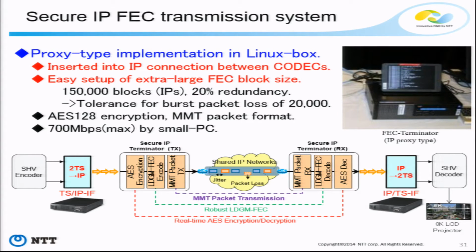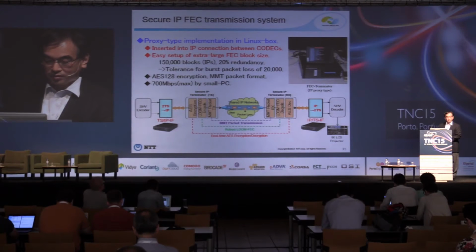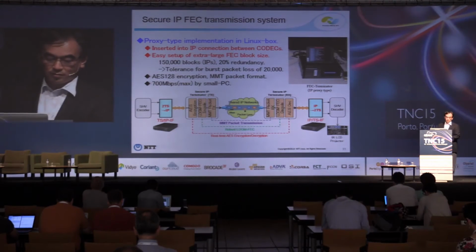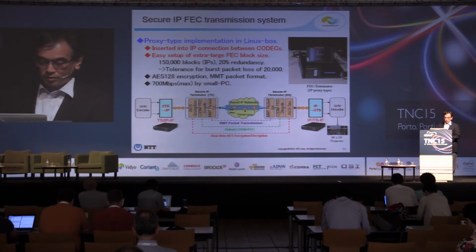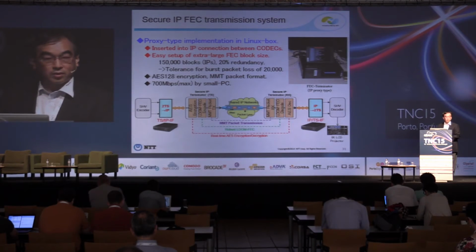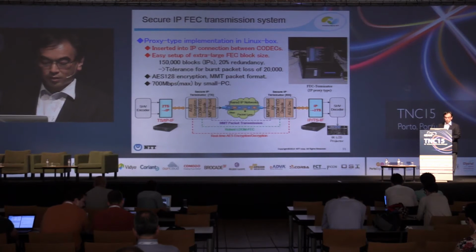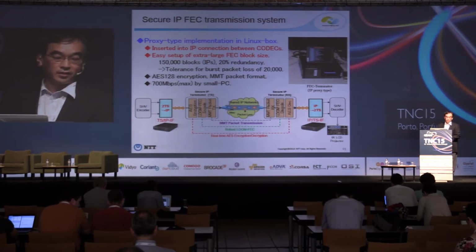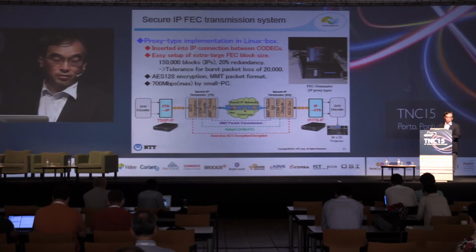So with 20% redundancy by FEC, an extra long burst of packet loss of 20,000 packets can be salvaged using this system. The total throughput of this system was around 700 Mbps. This limitation was due to the performance of the small bookshelf-type PC system, including AES encryption required by NHK to protect 8K content from the shared network.